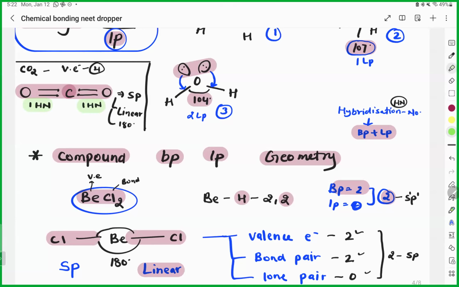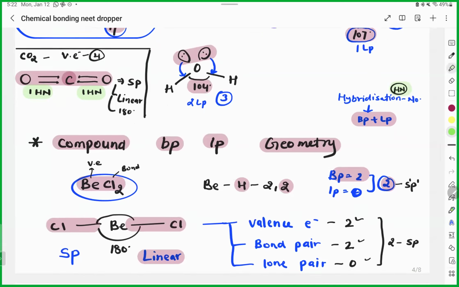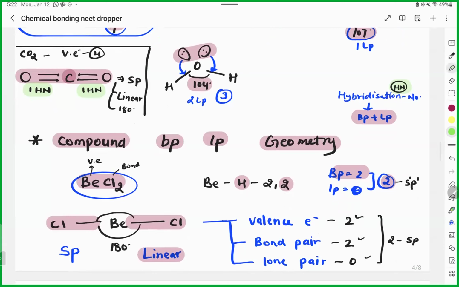It's just that I made this to make it easy. If you want to calculate hybridization, just name it as hybridization number. Discovered by Mr. Deepak. There is no existence of such a concept in chemistry or physics or anything. Understood?